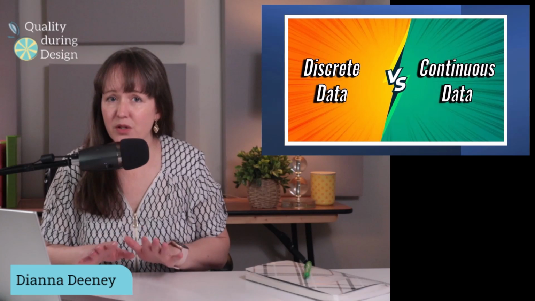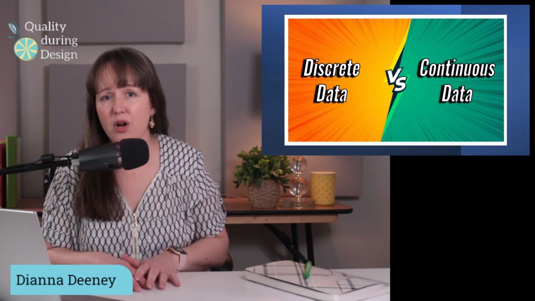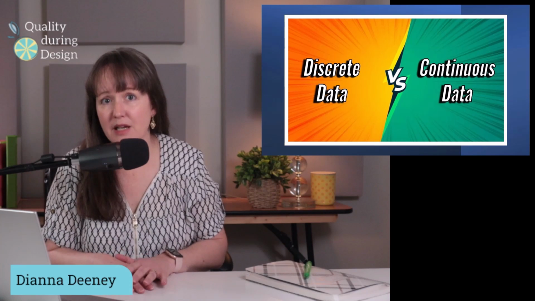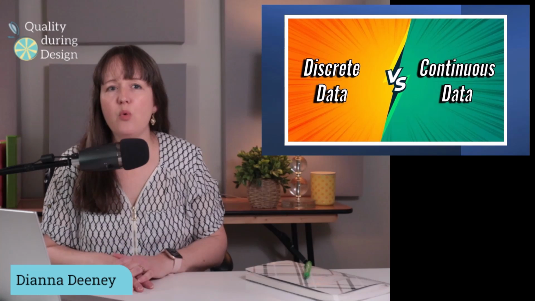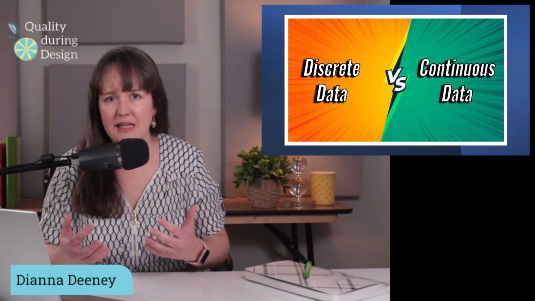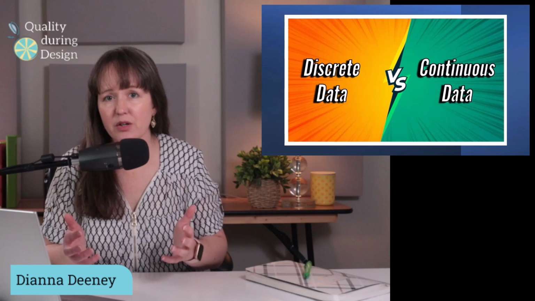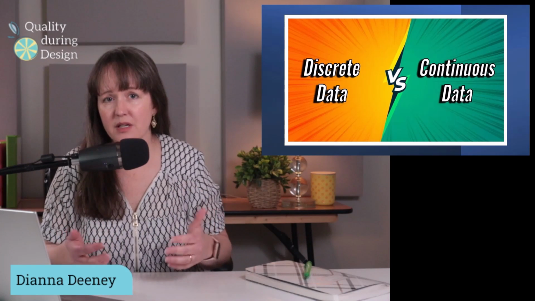And also, we are setting specifications and limits and tolerances that are important to the functionality and safety and performance of our design. What type of data we might need to properly monitor our design controls needs to be considered, because we also need to communicate that to others.